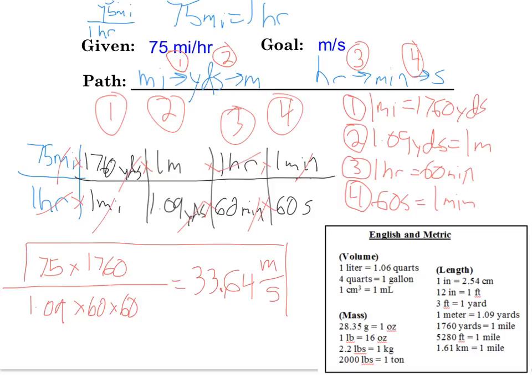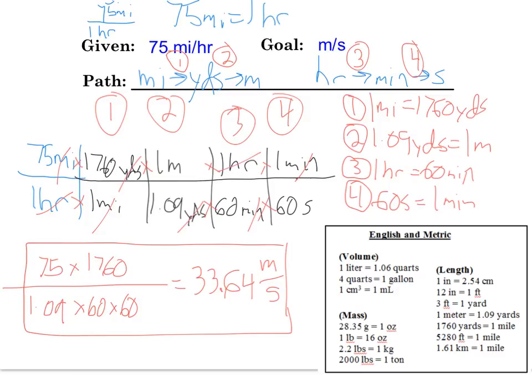One thing I want you to be very, very careful with, and what I want everybody to do, is make sure you practice plugging this into a calculator. It's very common that students will put these into their calculator wrong, because you have to be careful. When you plug these in, you can't type in 75 times 176 divided by 1.09, and then if you press times 60, it's actually going to think the times 60 is up top, not down below.